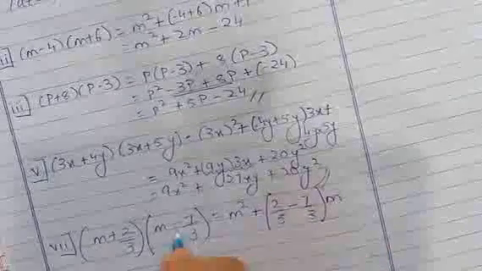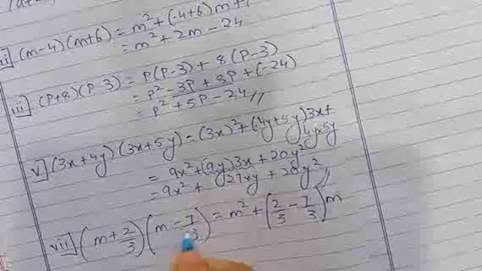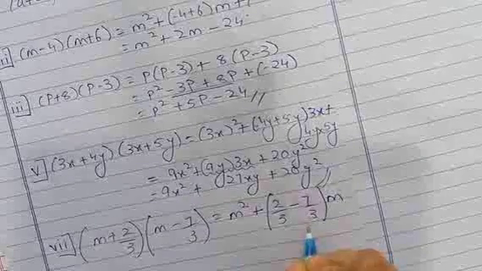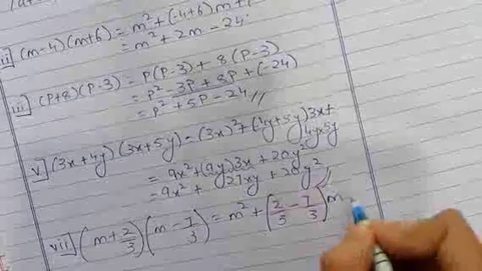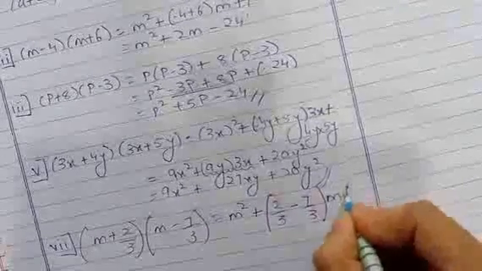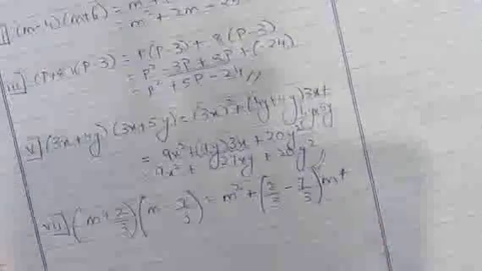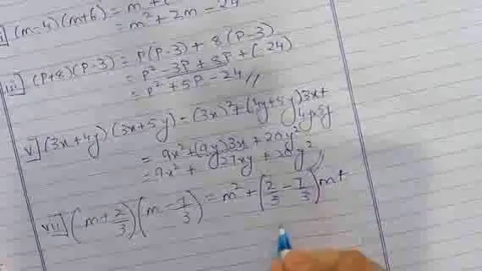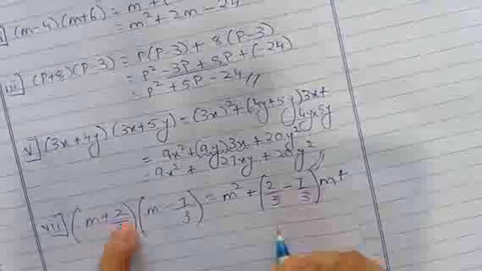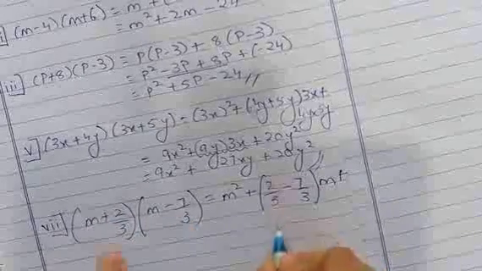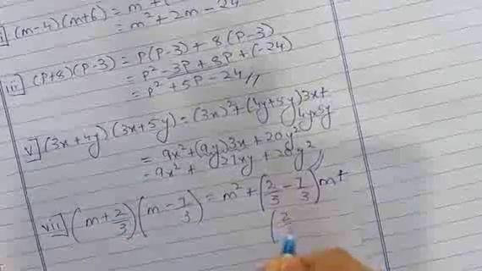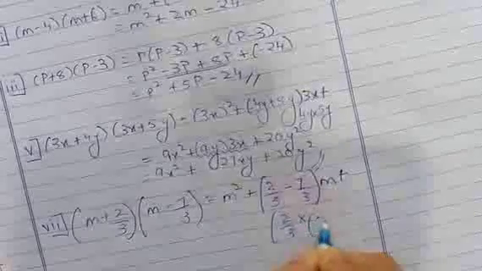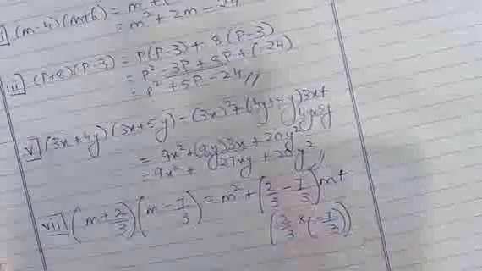Now why have I taken minus? Because minus 7 by 3 is there. So minus 7 by 3 I have taken. After m, what will come? Plus what will come? I am writing it down over here. Both the terms' multiplication. So 2 by 3 into minus 7 by 3.